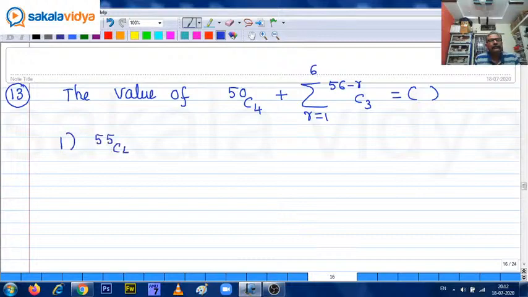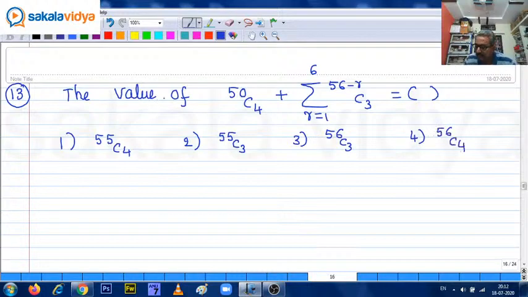The options are: first, 55C4; second, 55C3; third, 56C3; fourth, 56C4.